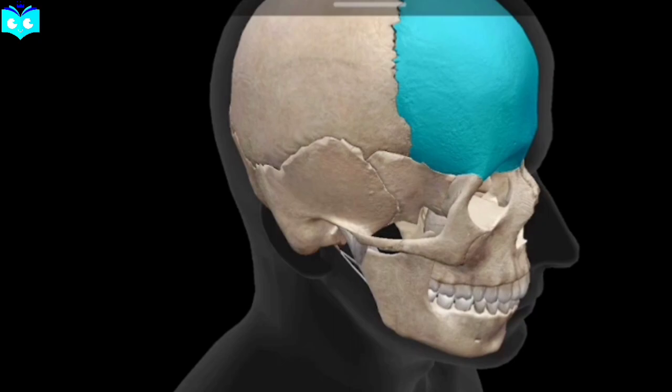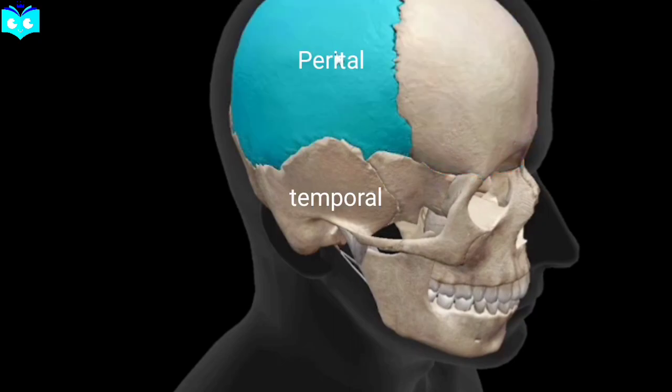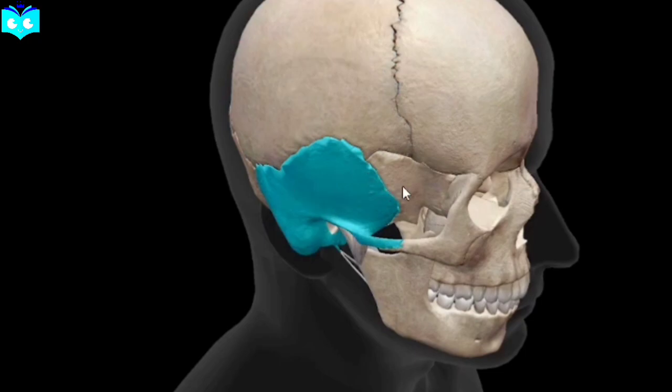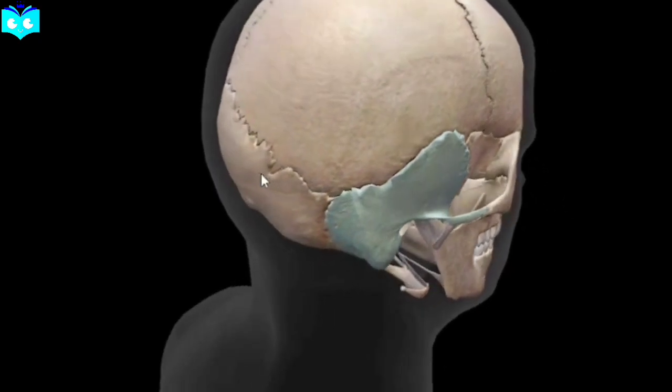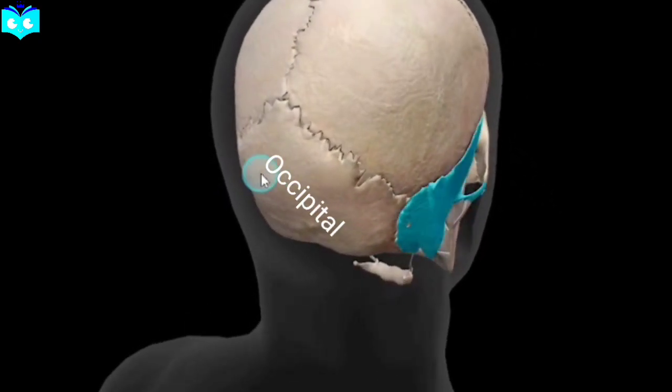If we move upward, this is the parietal bone, which is paired. This one is the temporal bone. Parietal and temporal bones are both paired, and at the back this one is the occipital bone. This is only one.